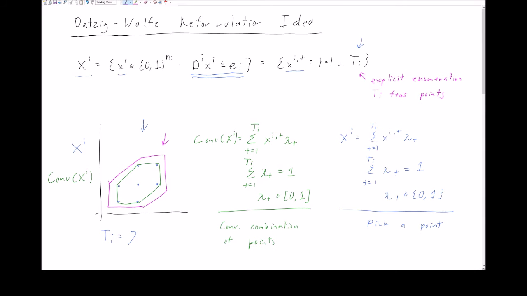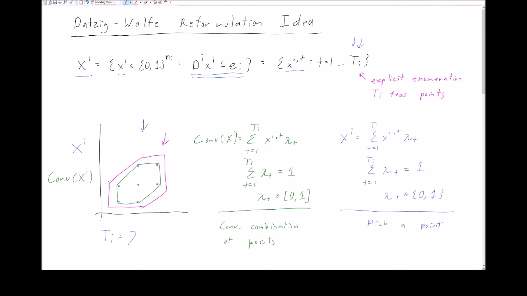We also drew in the graph the convex hull of the set capital Xi. The convex hull is the set of all points that are linear combinations of the points Xi. Just to be clear, in this case, the value capital Ti of the set of feasible points is 7, because there are 7 feasible blue points inside of this region.